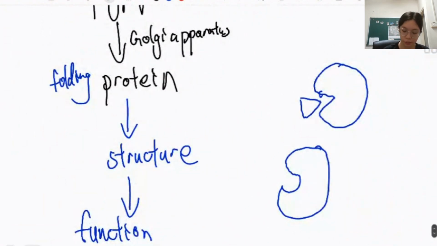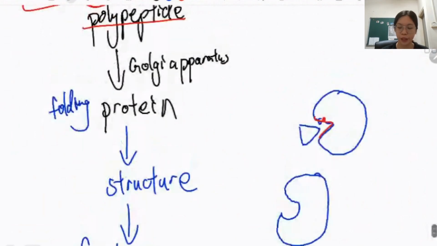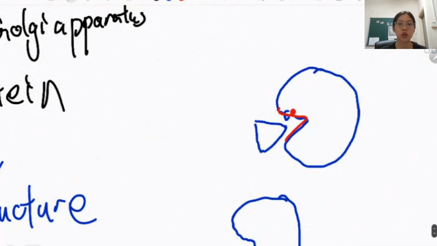Because let's say this is an enzyme. Normally it is shaped in this way because the active site has to be specific. What if one of the amino acids right here, the codon, changes, which codes for a different type of amino acid?